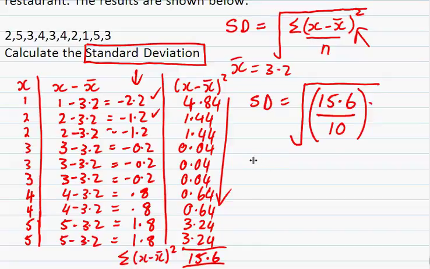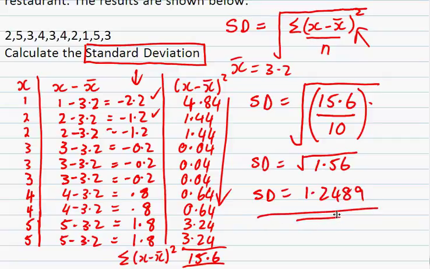So the standard deviation is going to be the square root of 1.56, which equals 1.249, etc. Okay, so that's how you do standard deviation. We look at that formula, we've got to make a table again, and we can work it out like that.